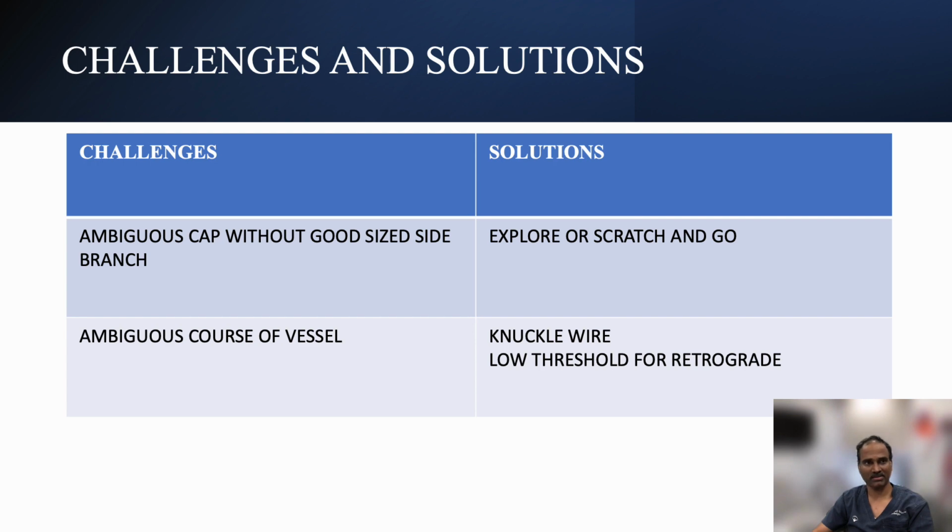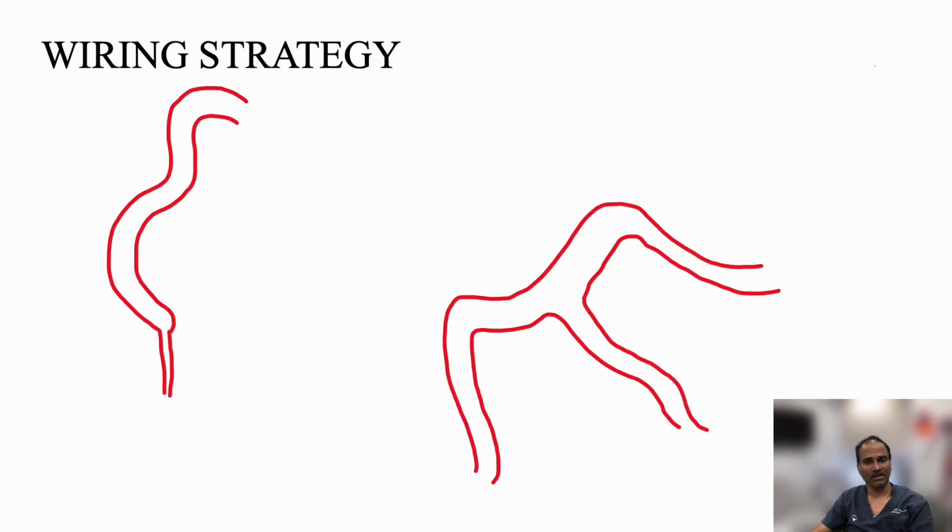The wiring strategy which I wanted to use in this patient is to take a microcatheter and park it proximal to the proximal cap. This is where we can park the microcatheter. So remove your Y, and then escalate the wire to Pilot 150, because this is a wire which is much safer than Gaia wires when the course is ambiguous.